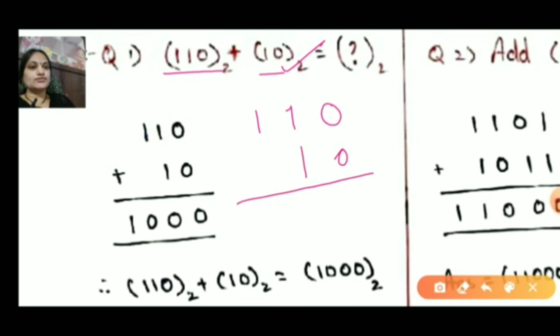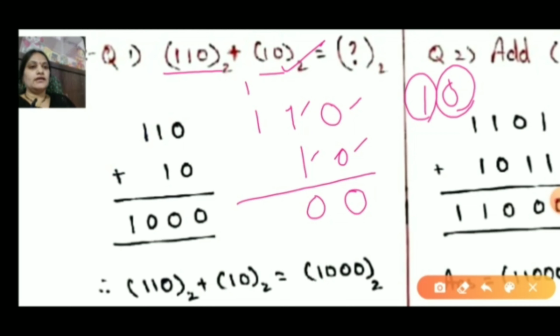Now add these two. 0 plus 0 is equals to 0. Again 1 plus 1. What is the value for 1 plus 1? That is 1 0. So you have to write this right side digit 0 here and again this left side digit here.